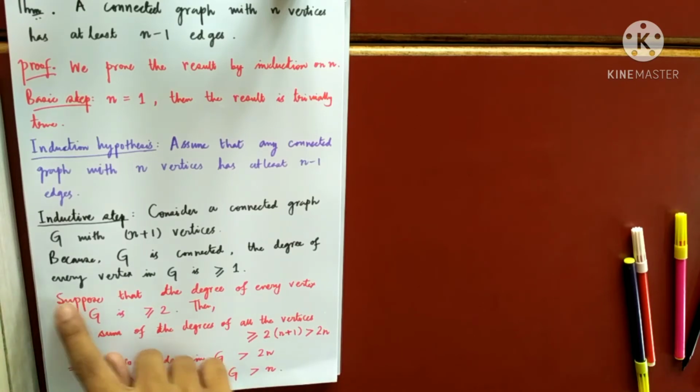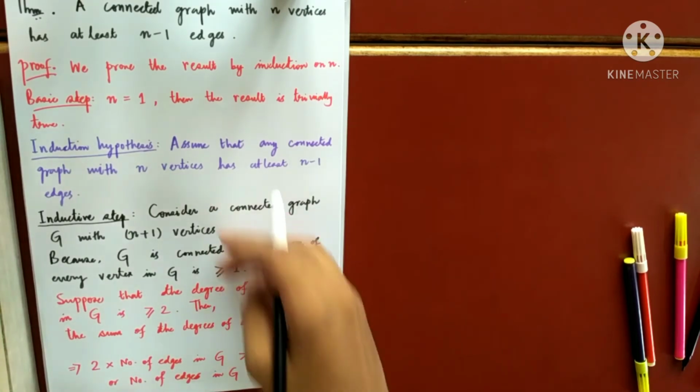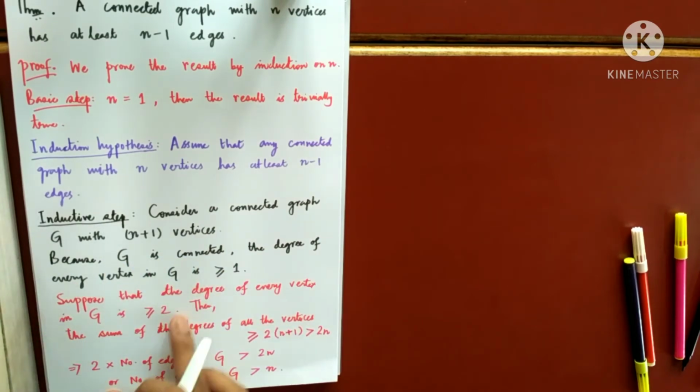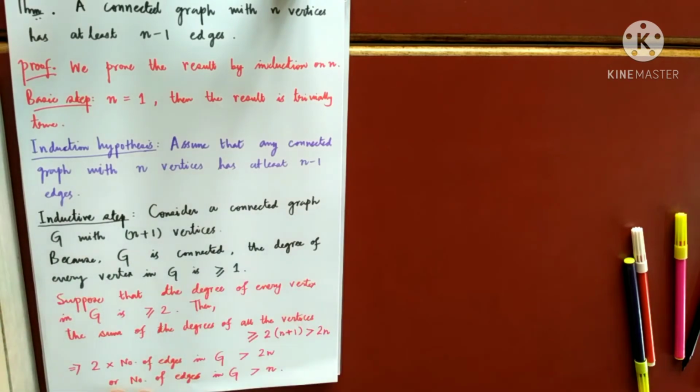That means when this does not happen, G will have at least one vertex of degree 1. So let's do the proof in that case. Okay, so we are not done with the inductive step. I have to prove this in general. I am assuming this and proving it. I have to use the negation of this to prove this again.